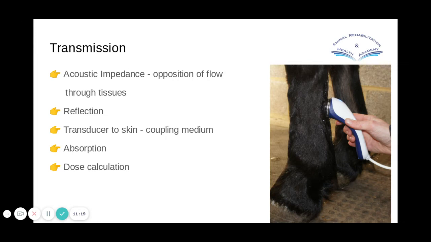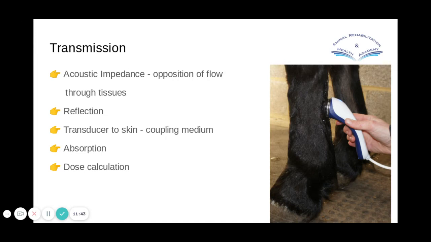And what happens then if we go between two very different tissues or two very different mediums, when the sound wave travels through, it just reflects back. So if we get this change in impedance, we get a lot of reflection. And that is a problem that we have with ultrasound.